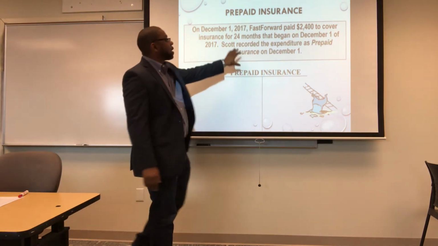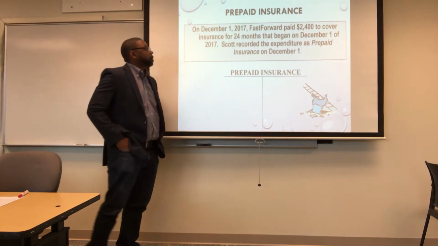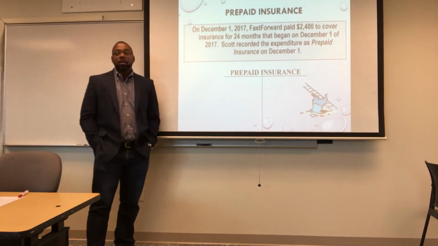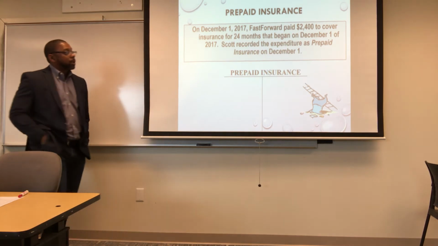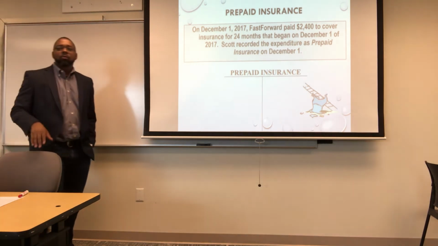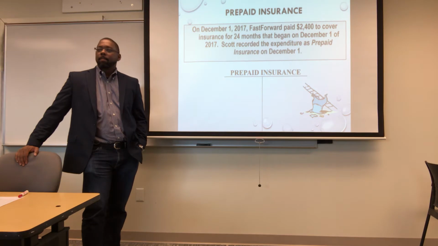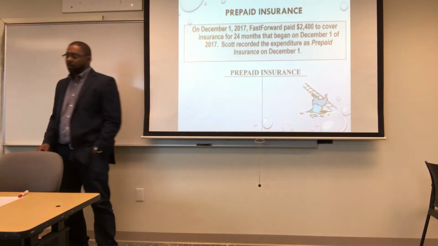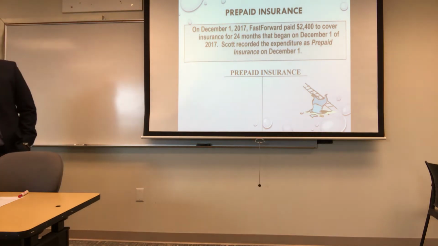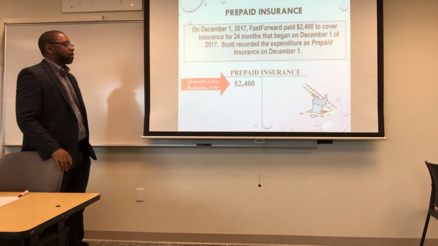Paid $2,400 to cover your insurance for 24 months. That began on December 1st, 2017. Scott recorded the expenditure as a prepaid. So we're going to debit the prepaid insurance. Prepaid insurance is what type of account, scholars? Asset. Fantastic. It is an asset. So that initial entry, we're just going to debit the prepaid insurance.